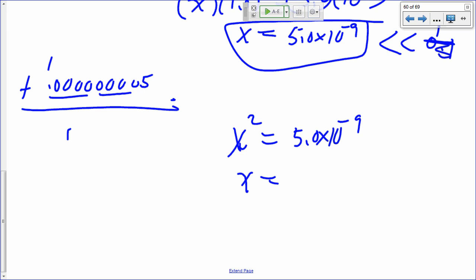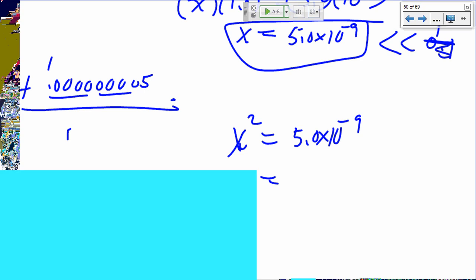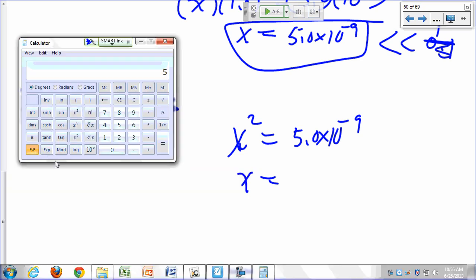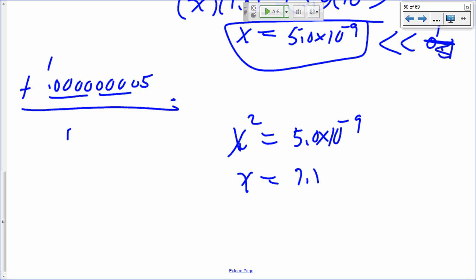And then you would have said x would be the square root of that. 5 times 10 to the negative 9, square root. The square root is 7 times 10 to the negative 5.